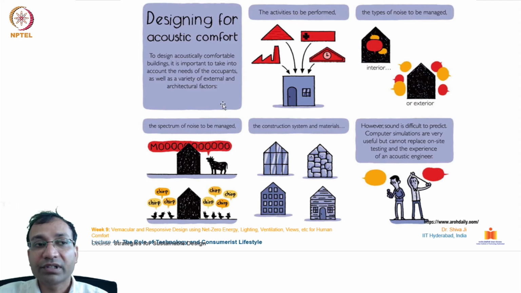That we can understand from here. So this is designing for acoustic comfort. What are the sources of noise, and how sometimes those sounds become musings, such as the chirping of birds, so we feel good when we hear these.